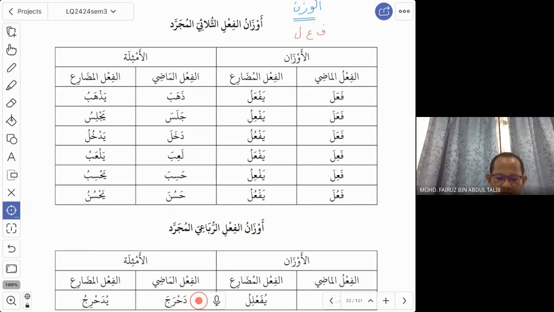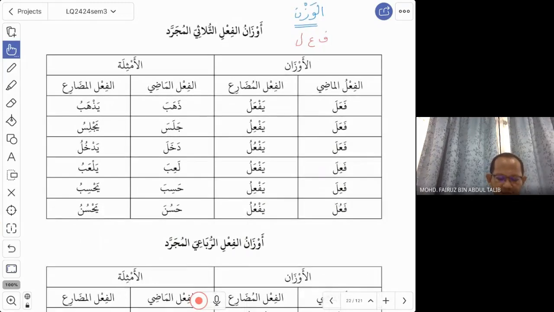Okay, so these are the wazan for the sulasi mujarrad, for the 3-letter fi'il. But what is related to our lesson today is to know that these 3 letters are all original letters. Why? Because if you look at the wazan, you have these 3: fa, ain, lam. So confirm, these are the original letters and they are fi'il mujarrad.